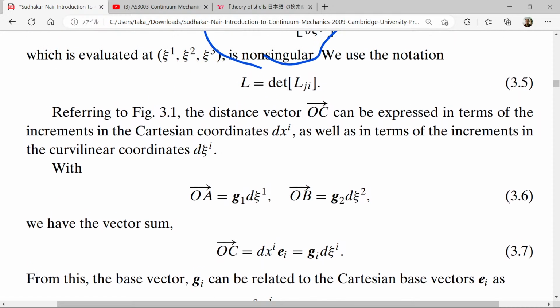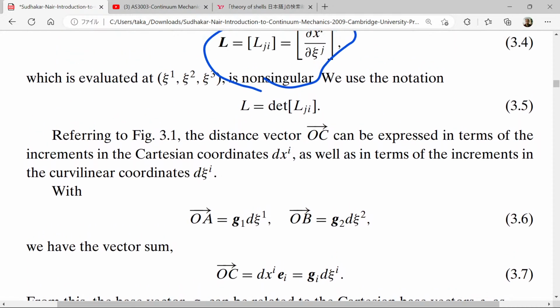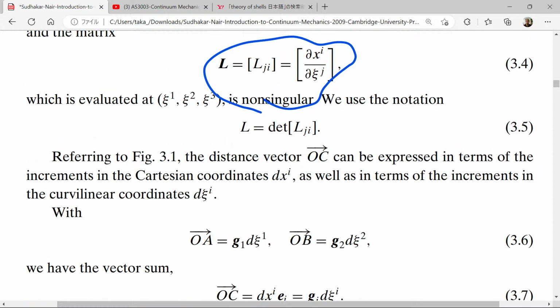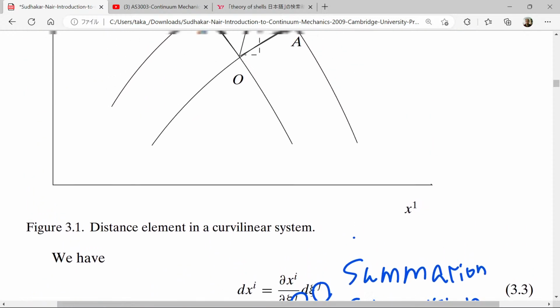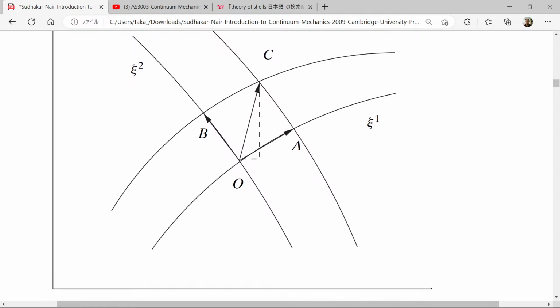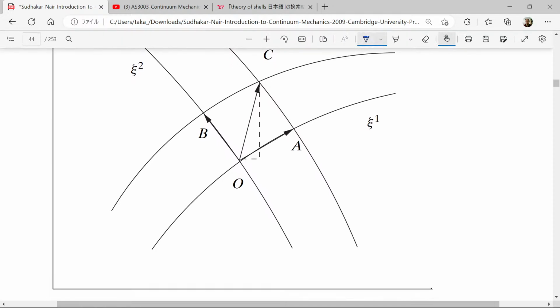With OA as g1 d xi1, see, this is d xi1, and this is d xi2.